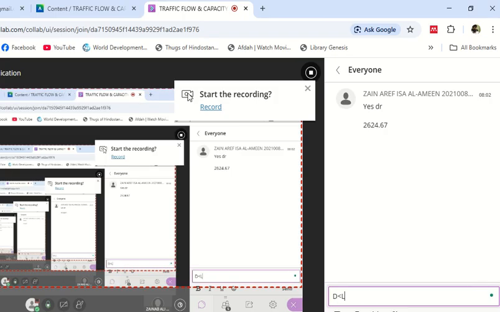So my D is less than LEQ. I'll use equation 5.3.